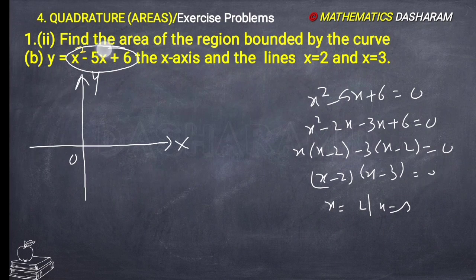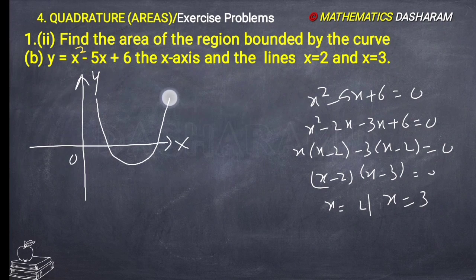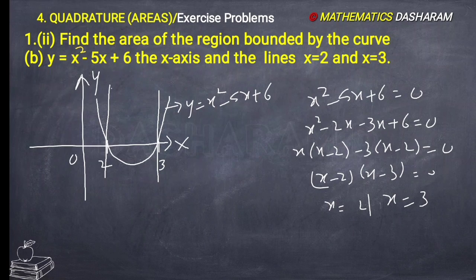Here it has 2 zeros, so this is a parabola y equals x square minus 5x plus 6, and this is x equals 2 and this is x equals 3, and they said x equals 2 and 3 both are lines. Now let's find the area.